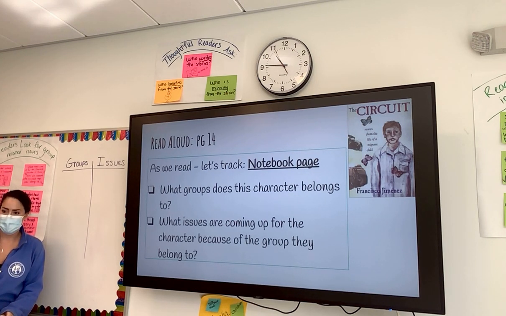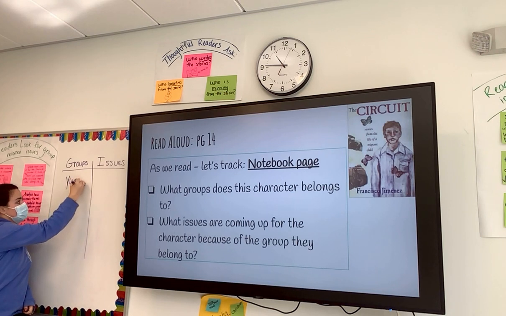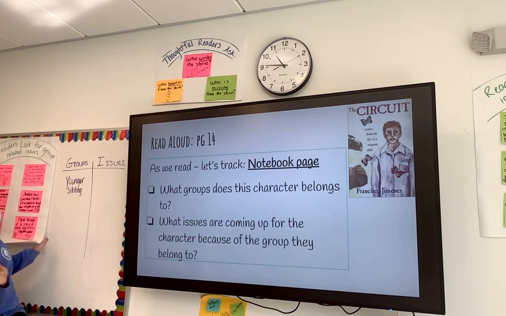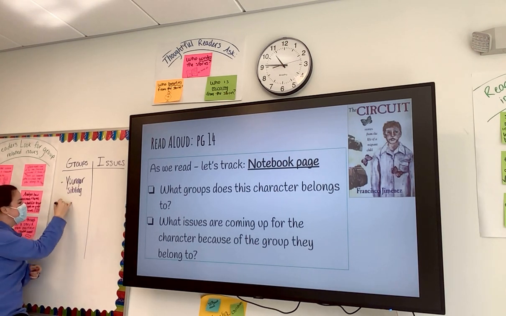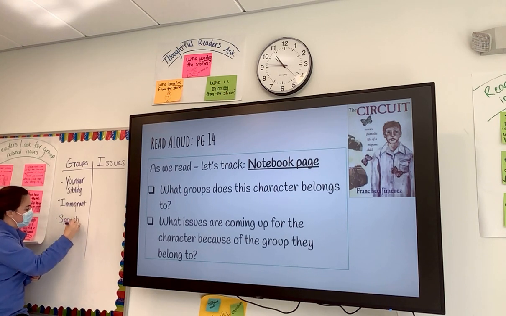Sophia? Some groups Francisco's a part of is he's a younger sibling, he's an immigrant, he's a first-time student, he's Mexican, a Spanish speaker. All right, I'm gonna pause you there. You're already giving us so much to work on. So I'm gonna start with younger sibling, immigrant, and Spanish speaker / English learner.